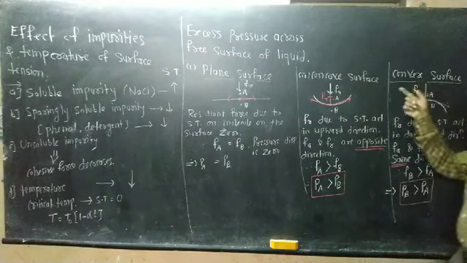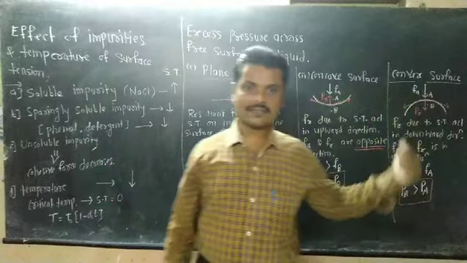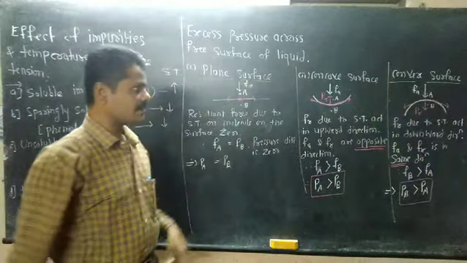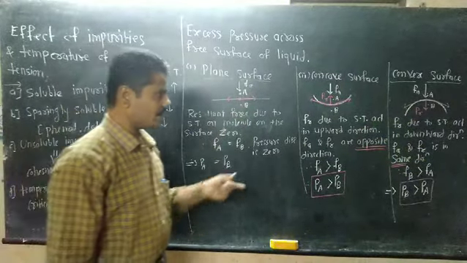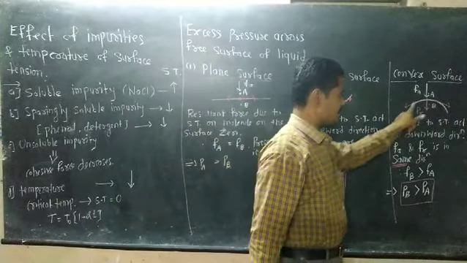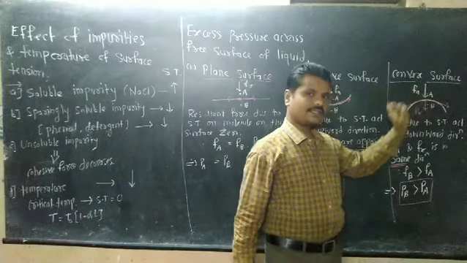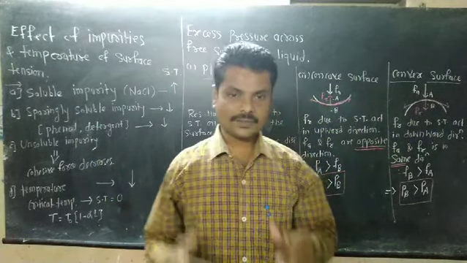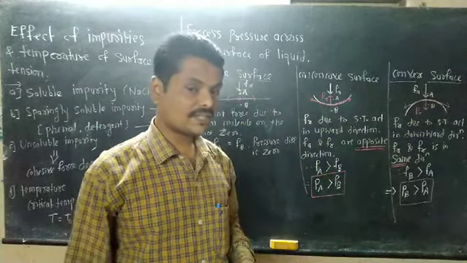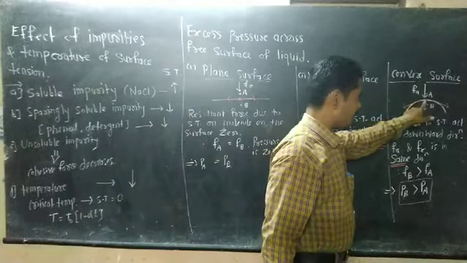Okay, now we move to the last, third property, third case: concave surface. In case of a concave surface, this is the concave meniscus, this is the molecule on the free surface of the liquid, and you draw the surface tension forces which act on the molecule.